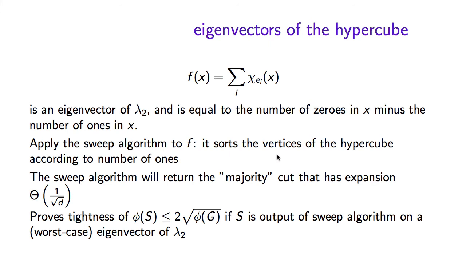But that matches the analysis of the algorithm, when you say that the value of the solution found by the algorithm is at most square root of 2 lambda 2, and then lambda 2 is at most twice the optimum. So the quality of the solution that you find is on the order of the square root of the optimum.